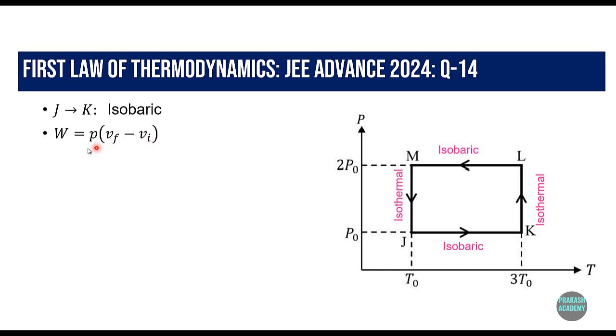Because pressure is constant, when I am integrating P dV, I can take P outside and integral of dV will be Vf minus Vi. And PV can also be written as nRT, PV equals to nRT, that is ideal gas equation. So P times Vf will be nR times Tf, P times Vi will be nR times Ti, and I can take nR outside.